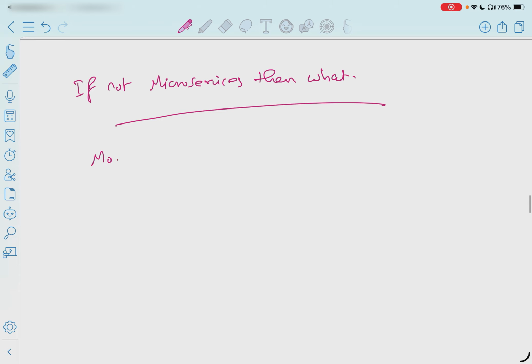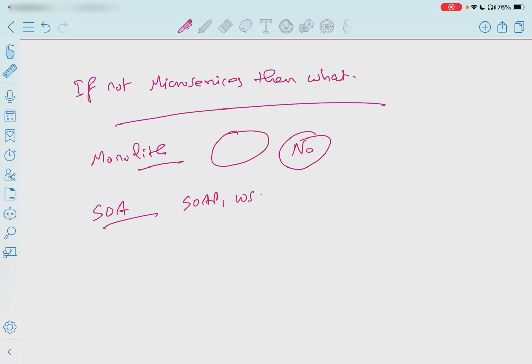Should we go for monolith and create tight coupling between all the modules and create a big ball of mud? No. Should we use service-oriented architecture and use those older technologies like SOAP, WSDL, enterprise service bus? I would say no.